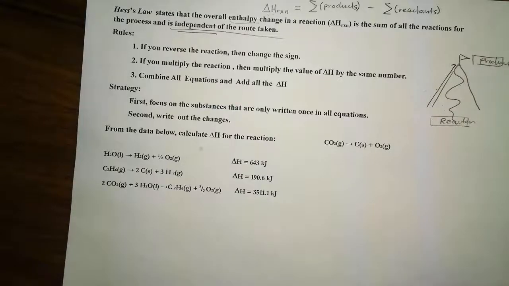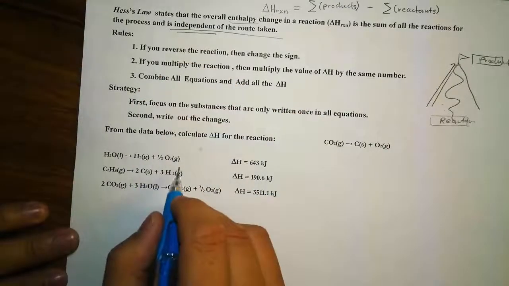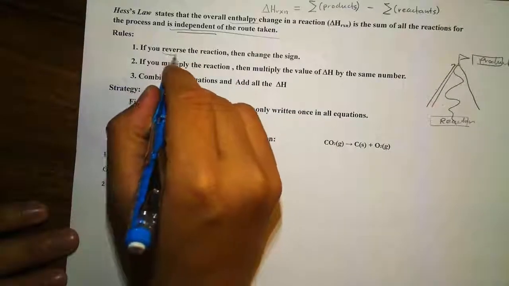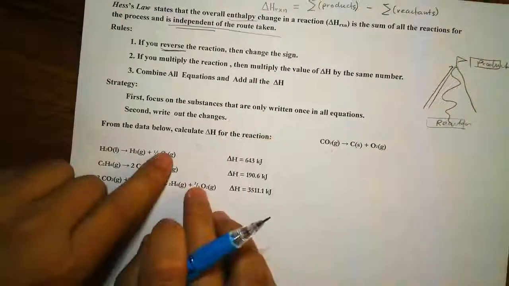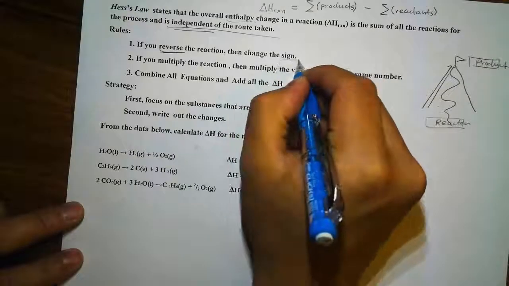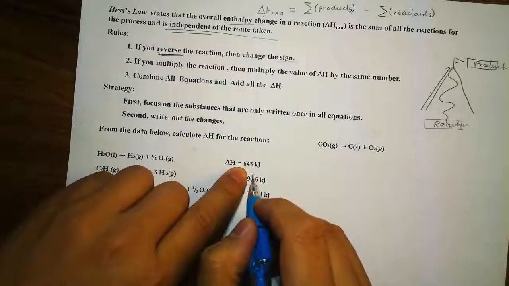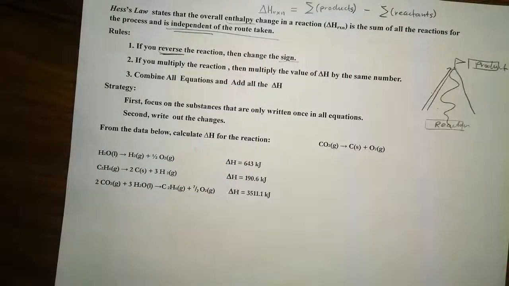In order to use Hess's Law, there are 3 things that you need to look at. Pretty much 2 things, actually. When you manipulate the equation, if you reverse the equation, that means the product becomes the reactant, and you do the same thing to the sign of delta H. If this is positive and you reverse it, it becomes negative.